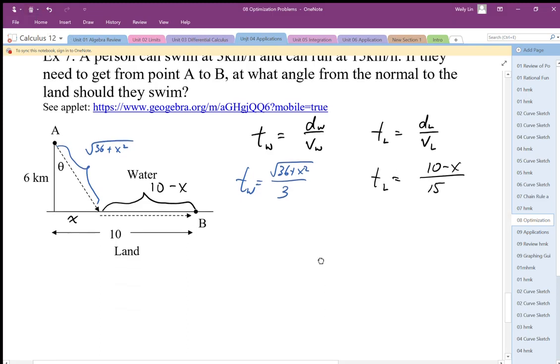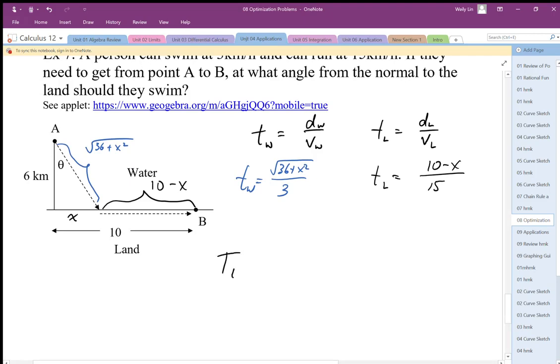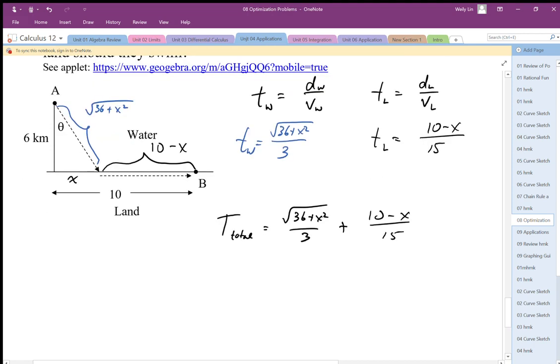I want to minimize that total time, so I'm going to write the equation. My total time is my time on the water plus my time on the land, the distance divided by velocity on the land. I want to find the minimum time, so I'm going to differentiate this.